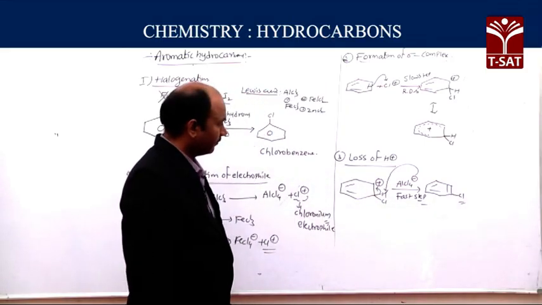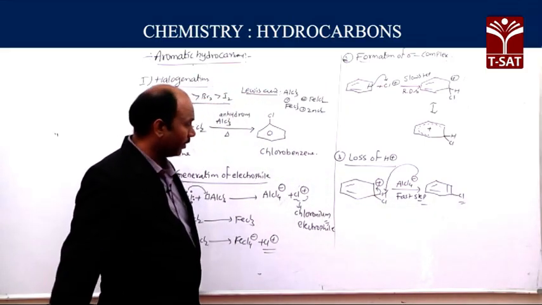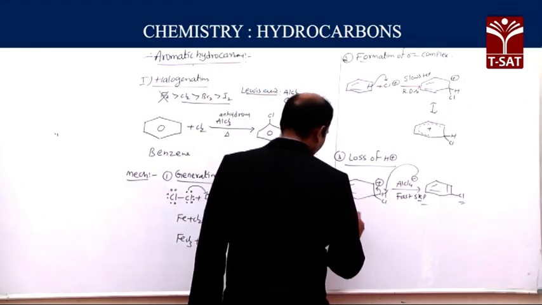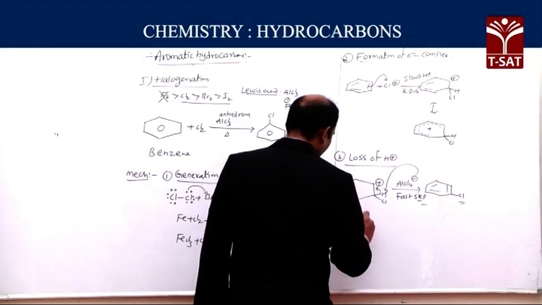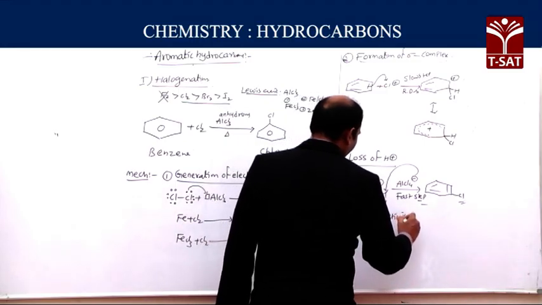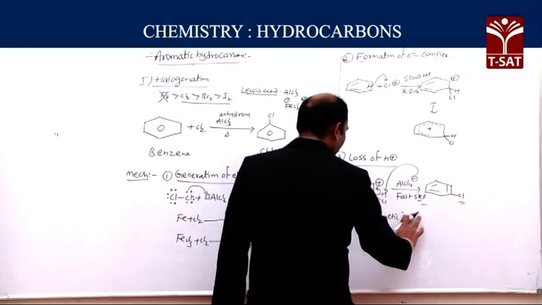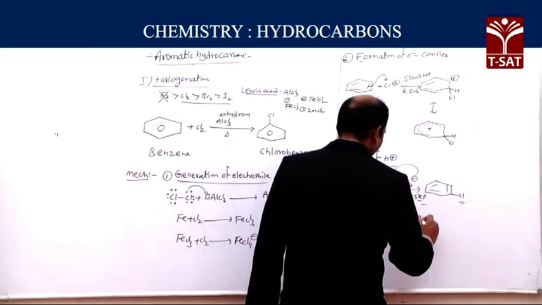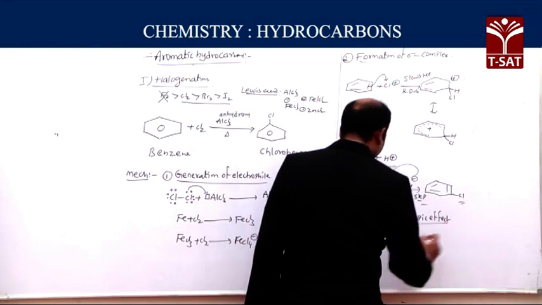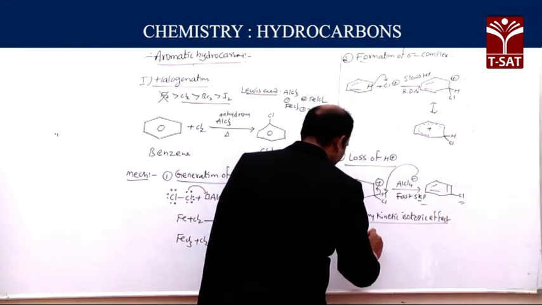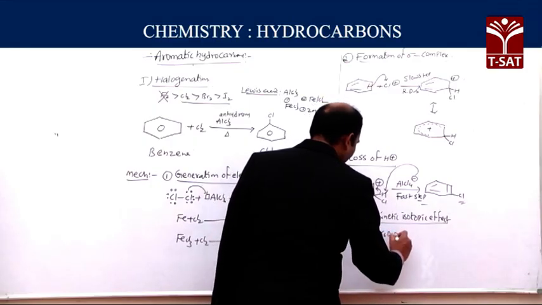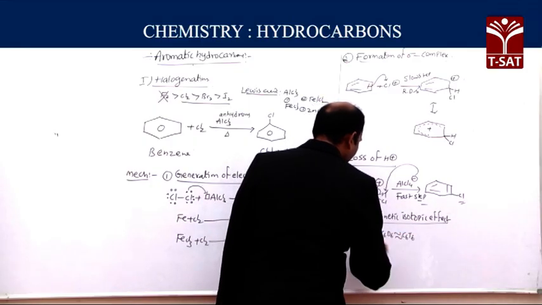In this mechanism, an important point is the primary kinetic isotopic effect. Here, the primary kinetic isotopic effect is absent. That means the rate of C6H6 is approximately equal to C6D6, which is approximately equal to C6T6.